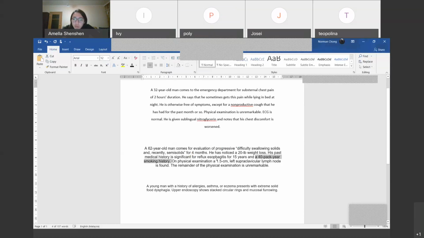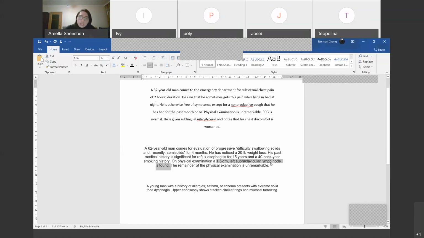Physical examination, 1.5 centimeter supraclavicular lymph node is found. Is it a lymph node though? We don't know. Maybe it's metastasis or something. It's only physical examination.